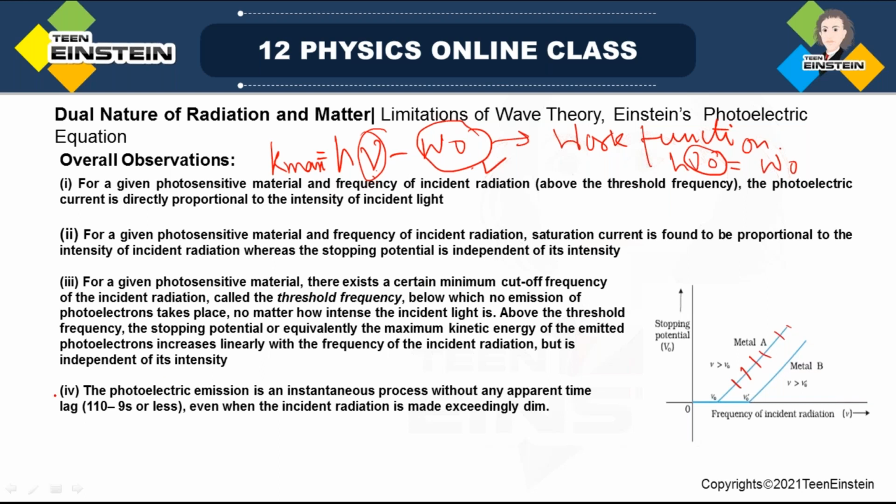And the last part: the photoelectric emission is an instantaneous process. According to Einstein's idea of the photoelectric effect, the metal surface has free electrons, which are treated as particles.